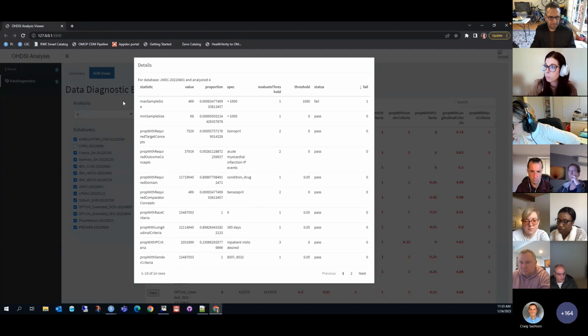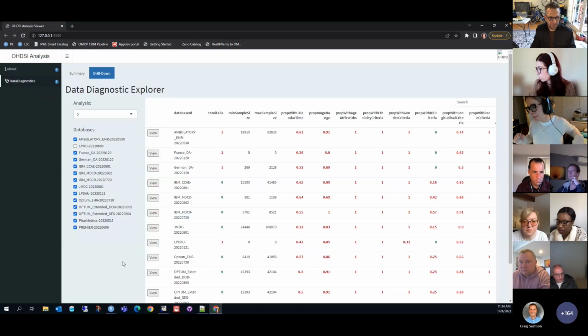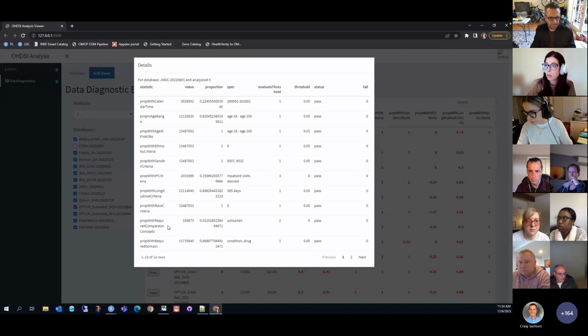But say we switched to a different analysis, which is number 5, which is telmisartan versus azilsartan. Then you can see that the actual minimum sample size goes up pretty drastically because there are enough comparator exposures in this database.